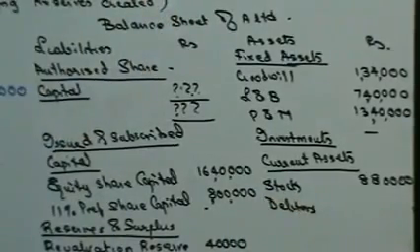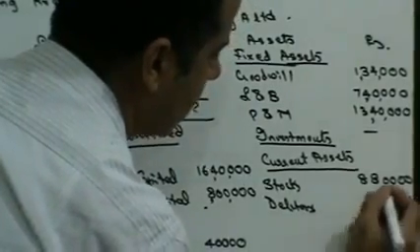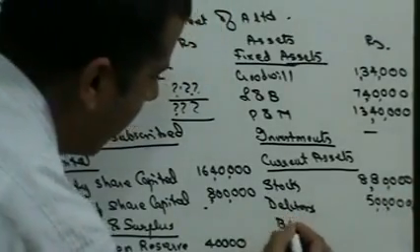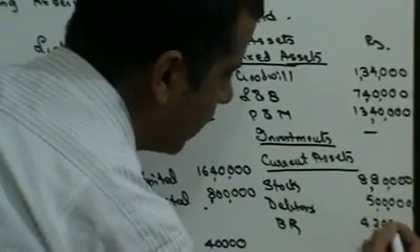You had debtors of 2,40,000 and you took over another 2,60,000, right? 5 lakhs. Then after debtors you have bills receivable. You had bills receivable of 2,60,000 and you have taken over bills receivable of 1,60,000. 2,20,000.